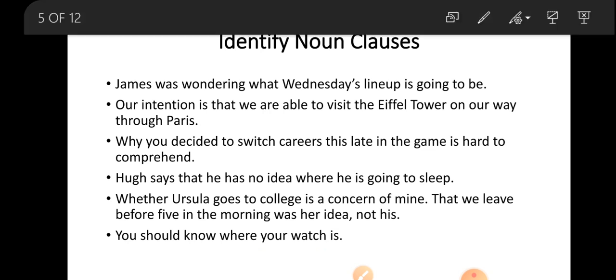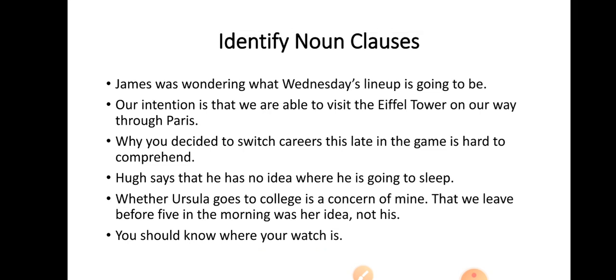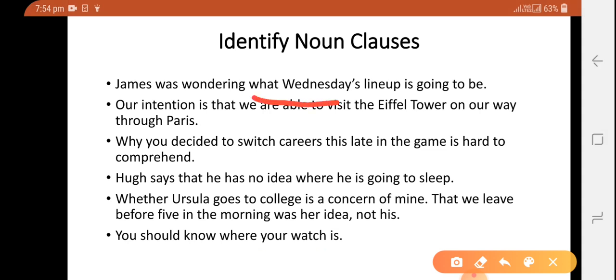James was wondering what, and completely from what to the last is the object. So it is a clause actually. What Wednesday's lineup is going to be: Wednesday's lineup is the subject, is going is a verb. So here this is a noun clause.